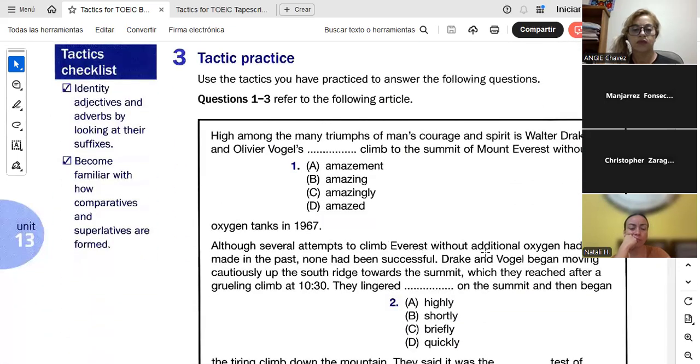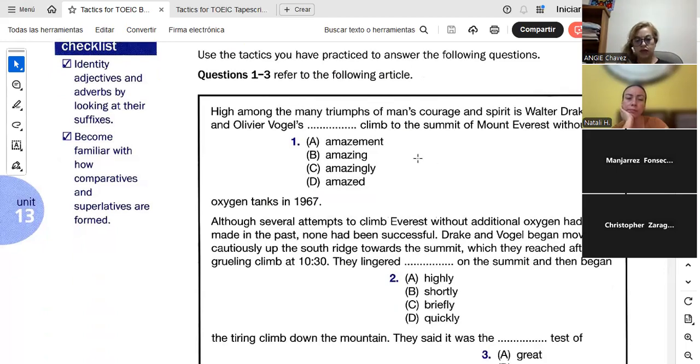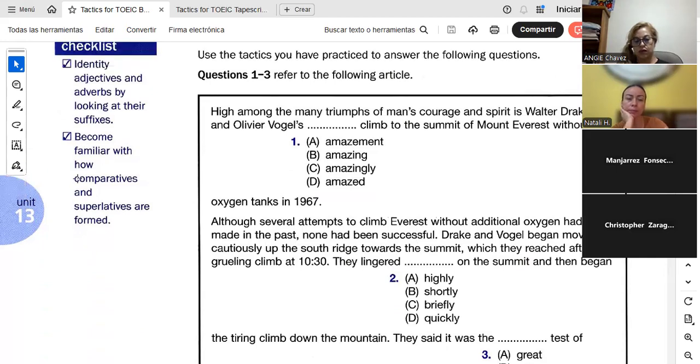Okay, in this text, for the practice, use the tactics to do this. Of course, this practice of these three text completion items, right? Remember, identify adjectives and adverbs by looking at their suffixes. If necessary, become familiar with how comparatives and superlatives form, especially when they are using modifiers, no?